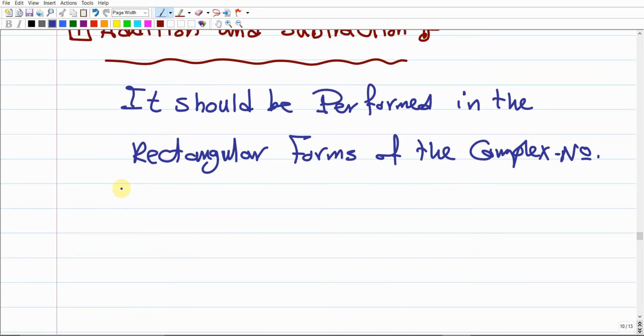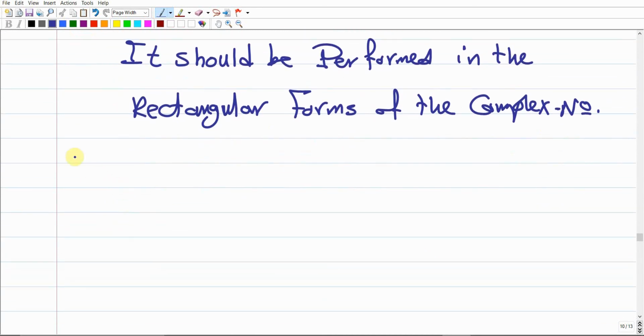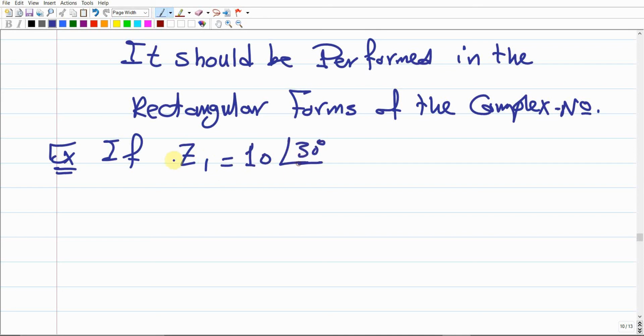Make sense? So, for example, let us consider this example just to show you how we can do this operation. If Z1 is already given by 10 angle 30 degrees, so this is a polar form of this number, and Z2 is already given by 12 angle negative 60 degrees.